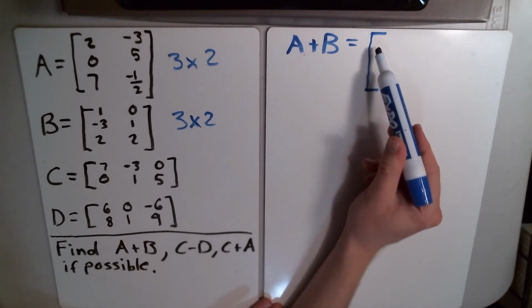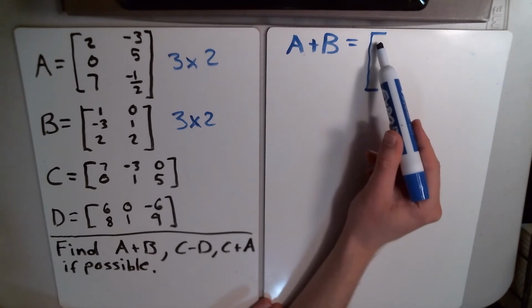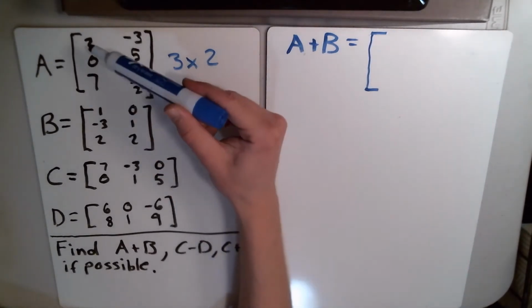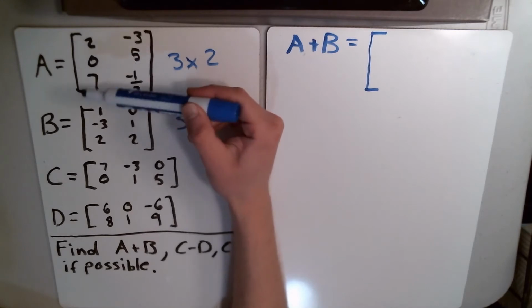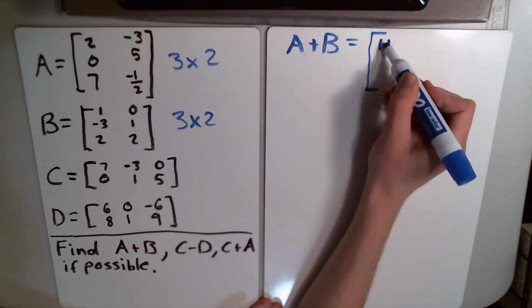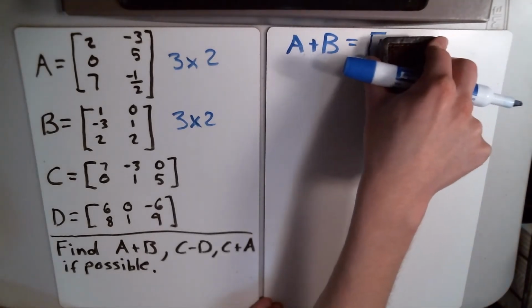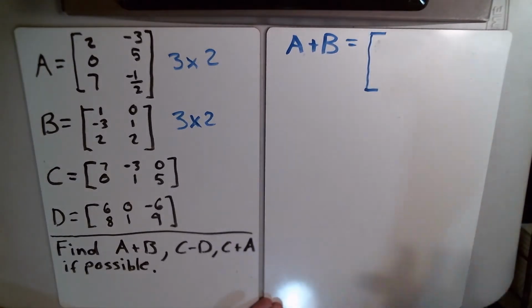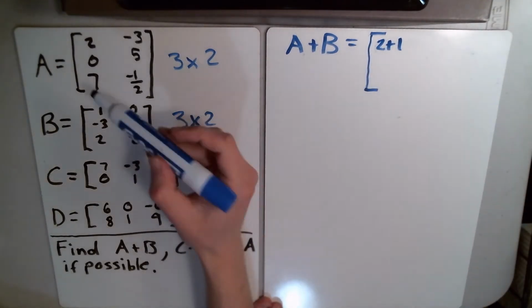For the first entry at the top, I get it by doing this entry on A plus this entry on B. So I get 2 plus 1, which is the more proper way of writing it because A was first.